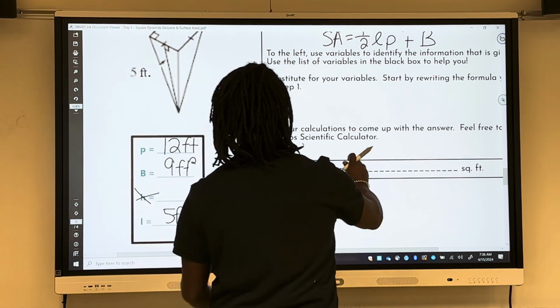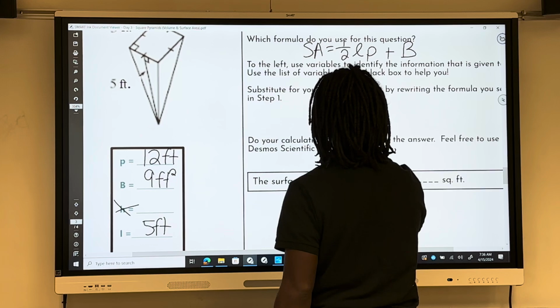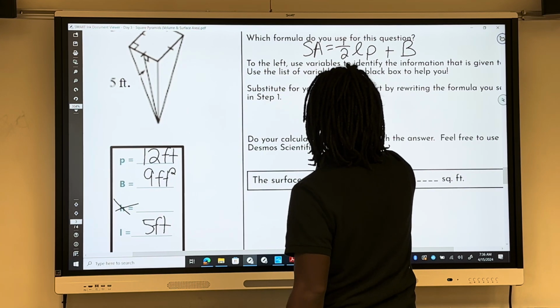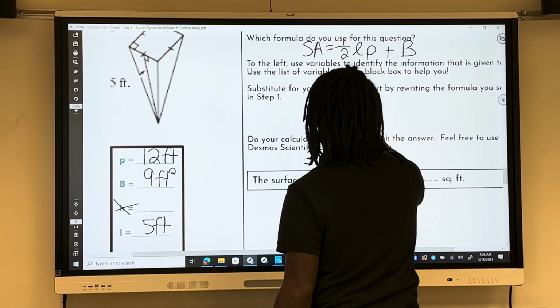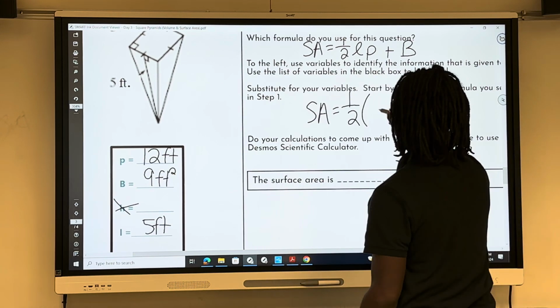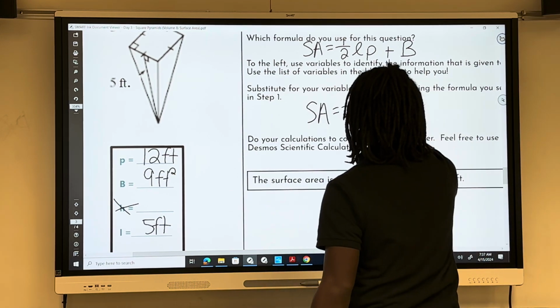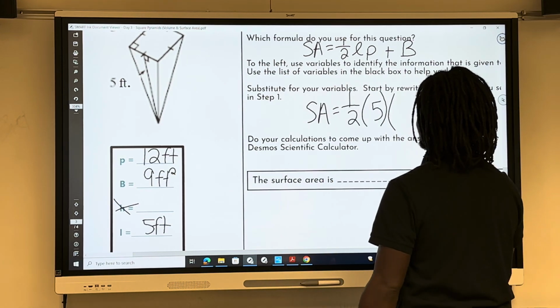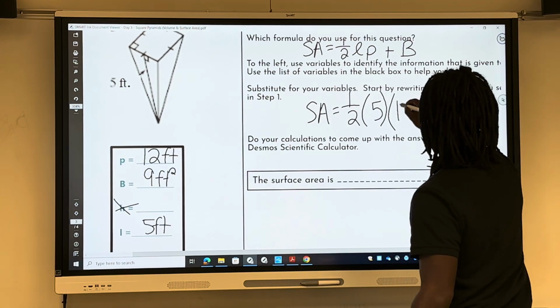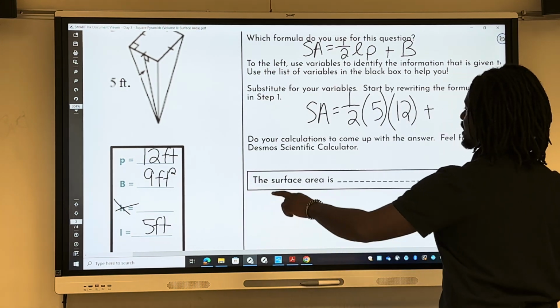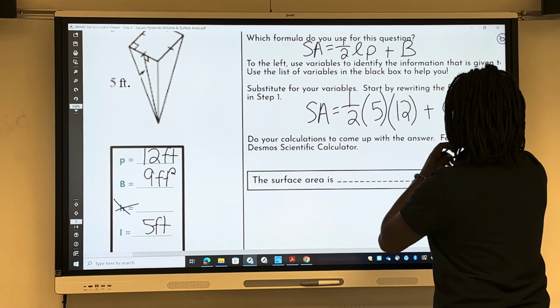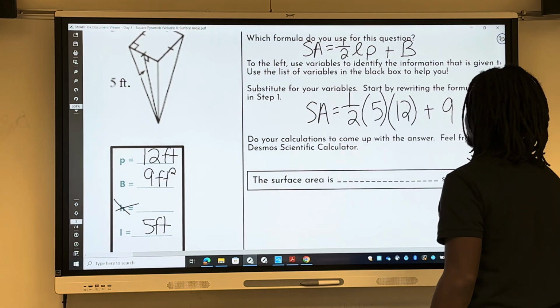And then I'm just going to substitute these in. So surface area equals 1/2 times the slant height, which is 5, times the perimeter, which is 12, and then plus the area of the base, which is 9, all right?